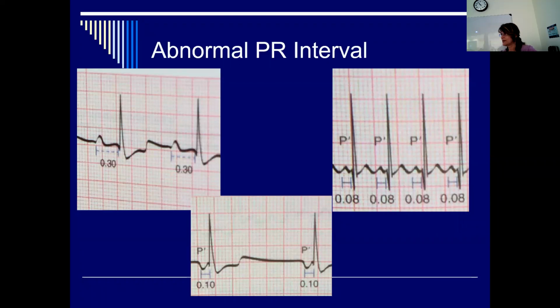That's not normal, right? It's supposed to start at the SA node and go down the atria to the AV node. But what if the impulse starts close to the AV node? And now when the atria depolarize, the bottom of the atria depolarize first, and then finally the top of the atria depolarize. So the atria depolarizing bottom to top, it's going to make an upside down P wave.